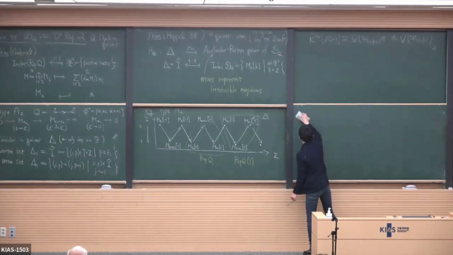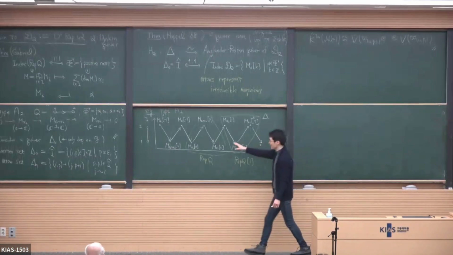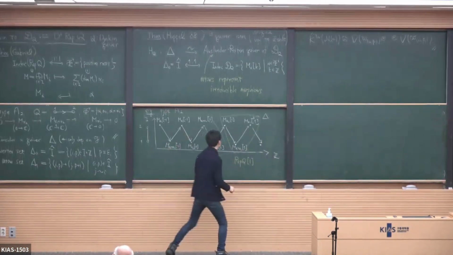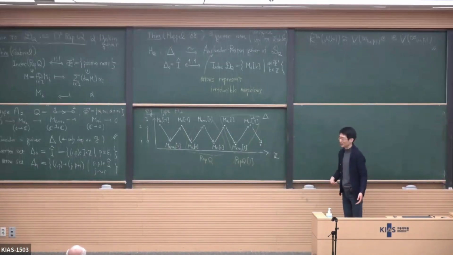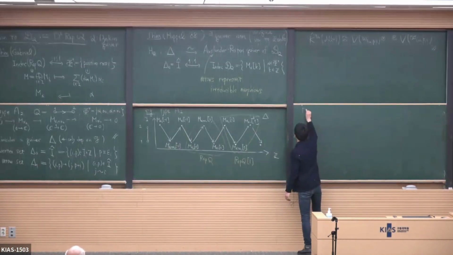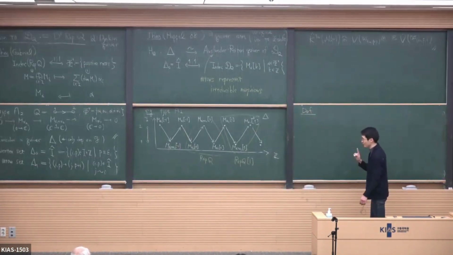I forgot one thing. Actually, this derived category of the quiver is related to the structure of graded quiver varieties. And to describe it, I need one more quiver.